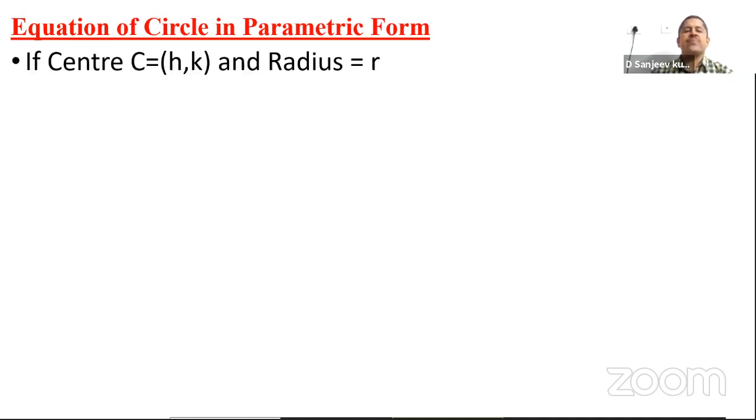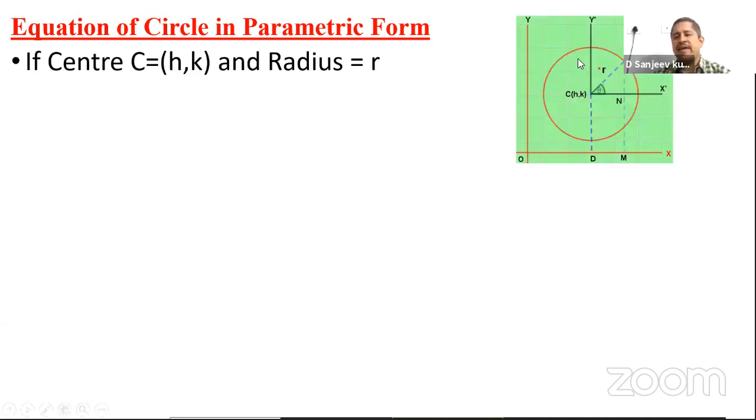You take a circle with center (h, k) and radius r. On the circle you take a point which I call (x, y). Now we take the reference as the origin, with the x-axis and y-axis both meeting at the origin.